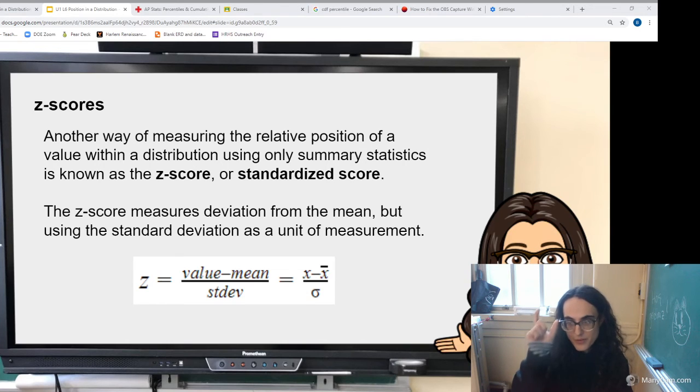So we take whatever our simple deviation was, value minus mean, we divide it by the size of the standard deviation, and then we get this measure of how far from the mean this point is in units of standard deviation. So we could say this point is 1 standard deviation away, this other point is 1.4 standard deviations away.